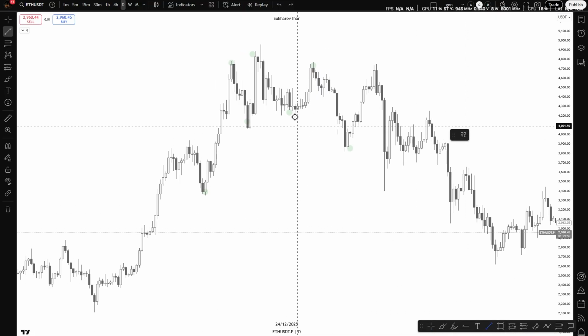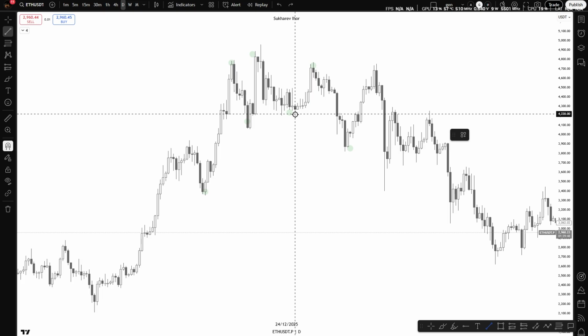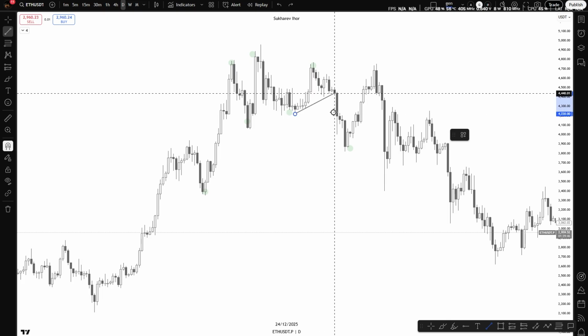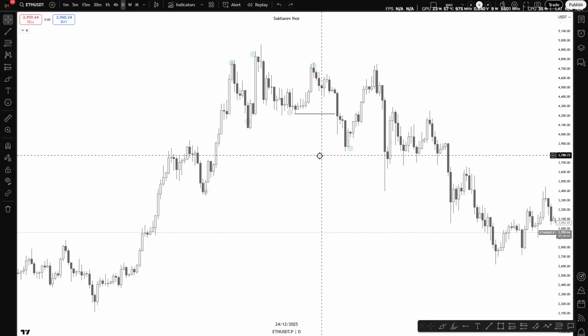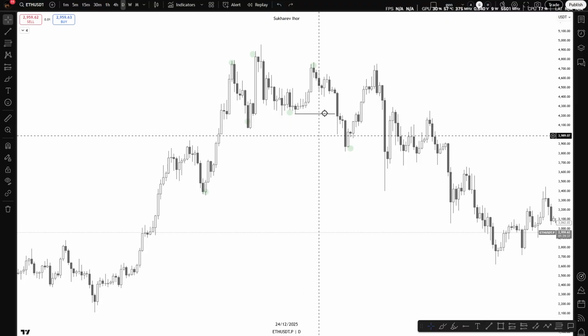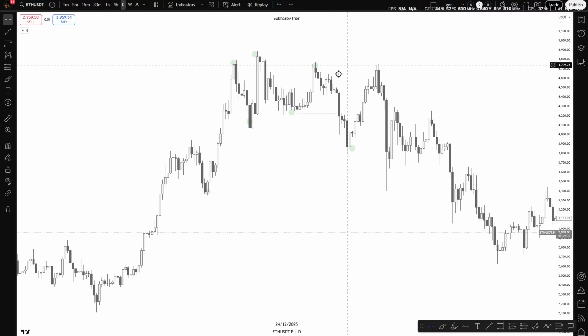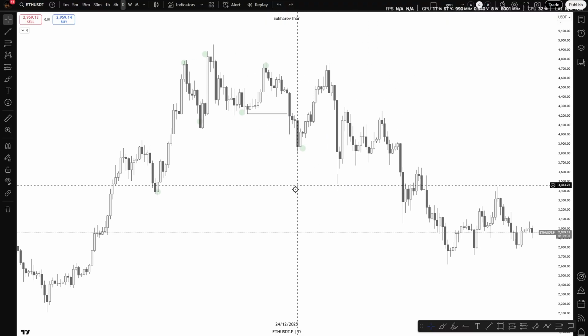So here we got break of structure, because at some point it couldn't make a higher low and made a lower low.